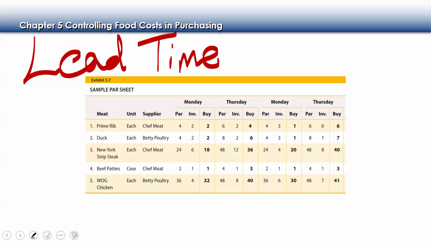Your lead time is the time between when we order the product and when it's actually delivered, okay? In that lead time, do we shut down our restaurant and say we're not taking any orders? No. So we're still using product potentially during that lead time. So it's important to be able to calculate what that lead time usage is. And that's what we're going to do right now.